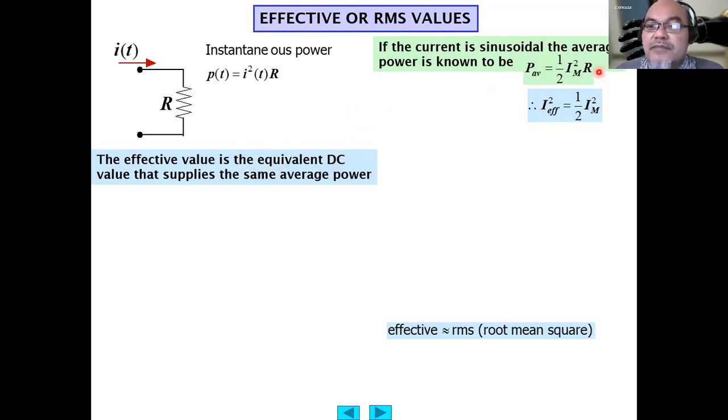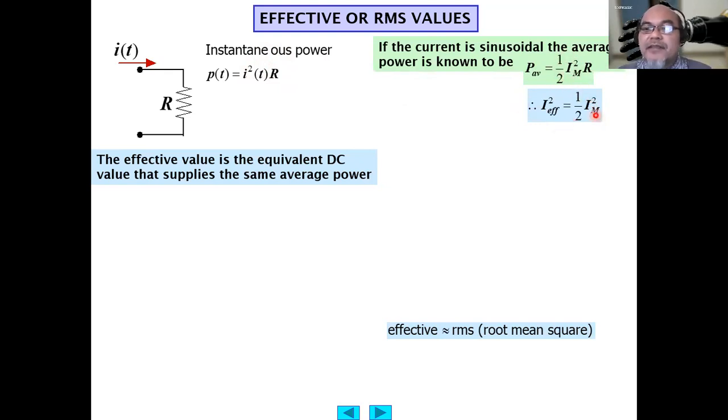So it means the effective current will be equal to, since here we compare, the power in DC will be just I squared times R, and in the sinusoidal it is equal to half Im squared times R. Then we know that the effective current I squared equals Im squared times half.